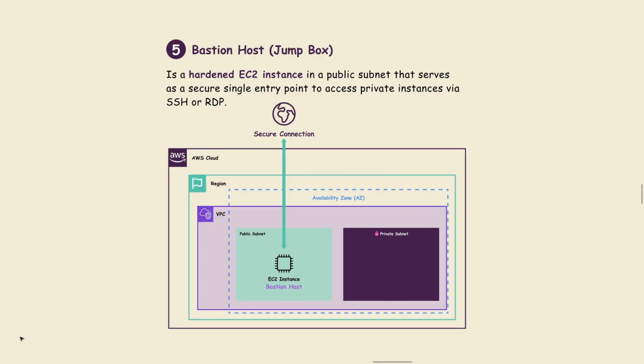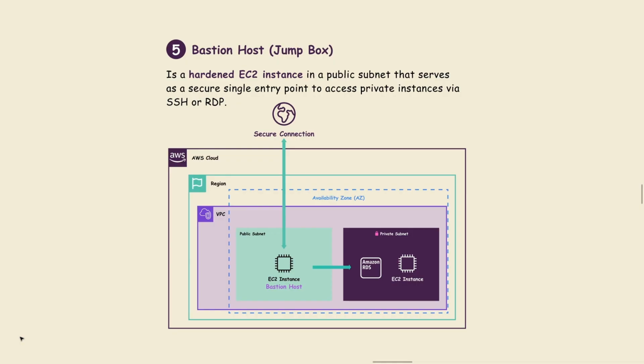From this trusted position, they can securely access resources in the private subnet, such as application servers or databases, using private IP addresses. Notice the key architectural rule here. Private instances have no direct internet exposure. All access follows a controlled path: internet to Bastion host to private resources.